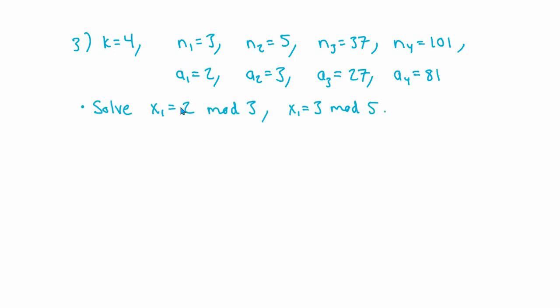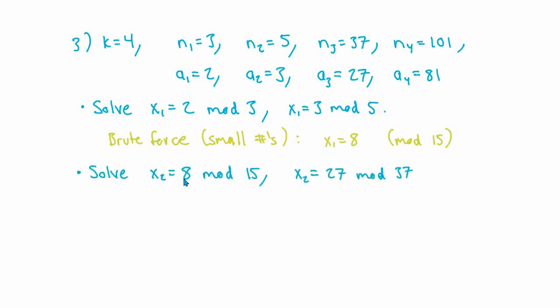Well, first of all, I'll solve the first two equations, x1 equals 2 mod 3 and x1 equals 3 mod 5. And because the numbers are so small here, I can just guess a solution, and I find that x1 equals 8 works. Now I want to find an integer x2 which satisfies the equation x2 equals 8 modulo 15, which is the product of the first two moduli, and x2 equals 27 modulo 37, which is the third equation that I'm trying to solve.